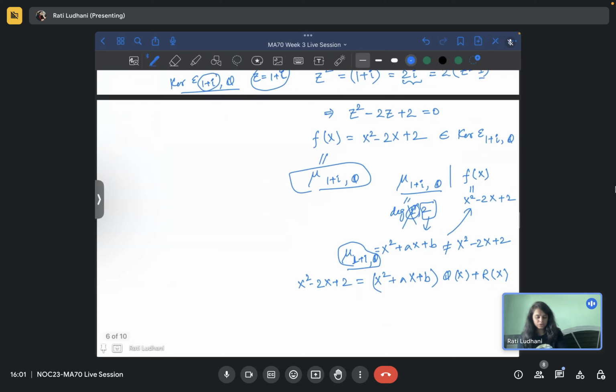If these are not equal, then r(x) has to be of degree less than or equal to 1. Don't confuse by this q, I just wrote some representation. So it's a small r(x) and a small g(x), some polynomial.